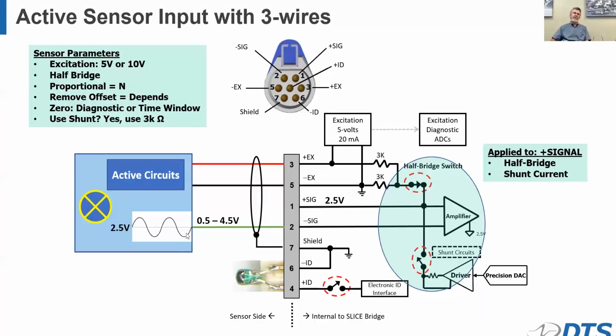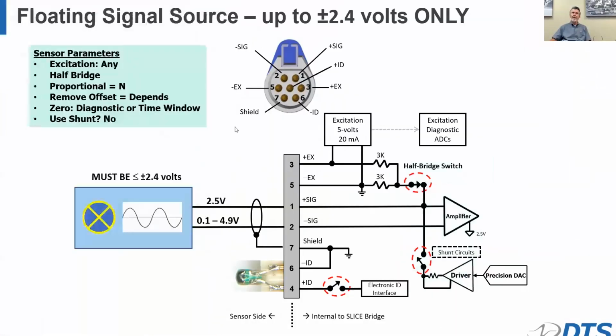Now, the beauty of this is with a typical 3-wire active sensor, you can use 5 volts or 10 volts excitation. You can tell it it's a half bridge. Generally, these are not proportional. Offset removal depends on the type, which we'll discuss in a minute. And then, yes, please use the shunt cal. When you use the shunt test, you simply put 3,000 ohms into the appropriate window in the software.